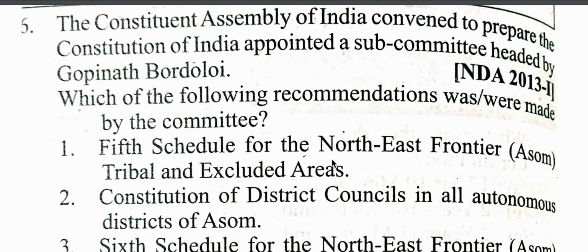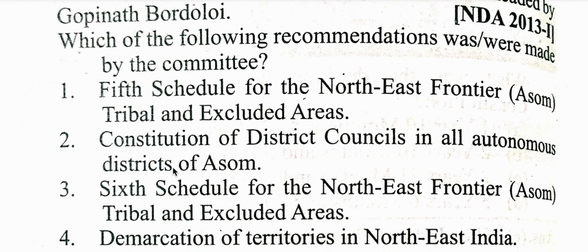16th question, the Constituent Assembly of India convened to prepare the Constitution of India, appointed a subcommittee headed by Gopinath Bordoloi. So which of the recommendations were made by the committee? First statement is 5th schedule of the Northeast Frontier, tribal and excluded areas.